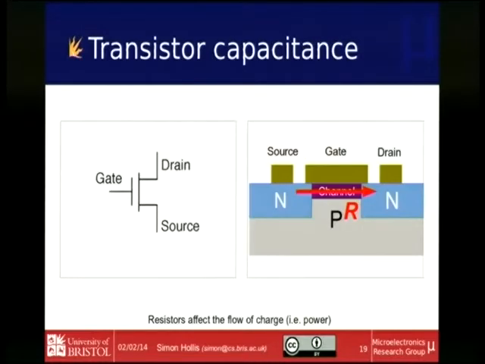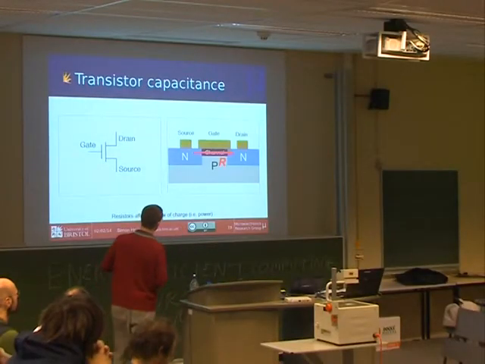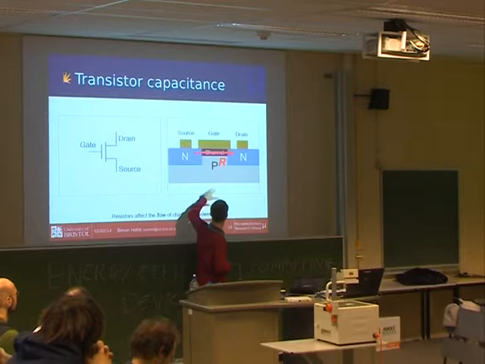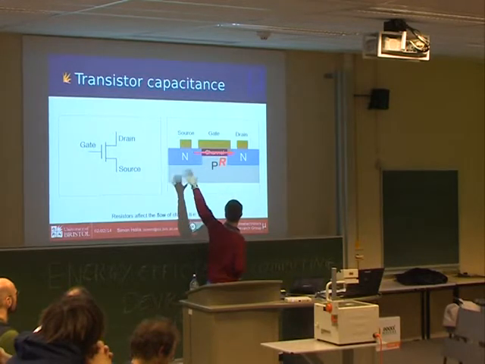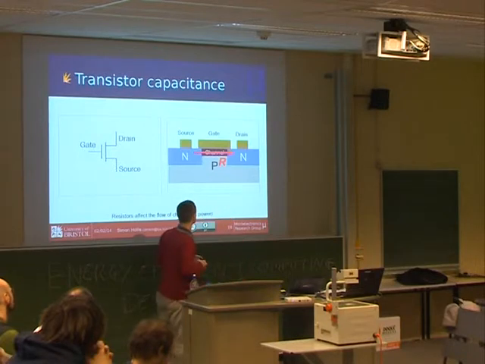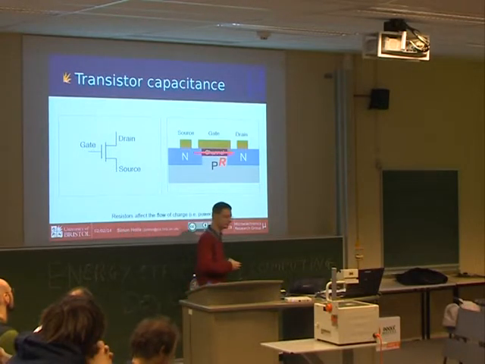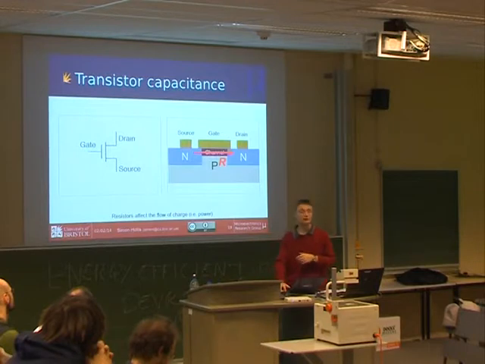The other thing that happens here is that we have resistance. It is a semiconductor. The word semi is in there. It's not a great conductor. It has a resistance, an appreciable resistance. And so when I try and turn this thing on, and I pass current between the source and the drain, there's resistance in between. And that resistance is seen in the channel, mainly, and that contributes power.